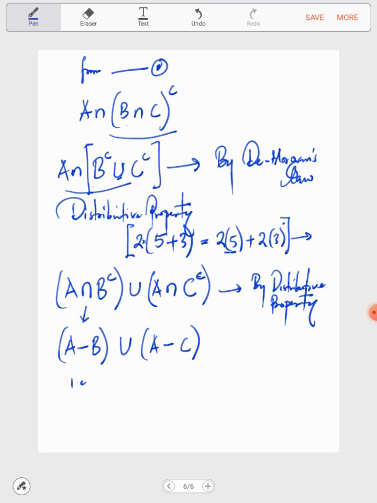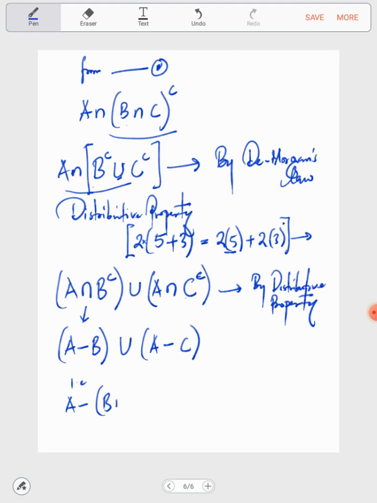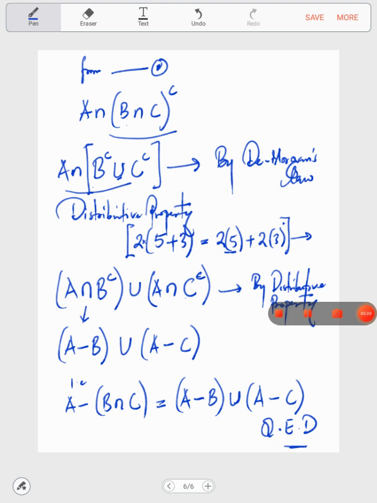So it implies that we have A minus B intersection C, nothing but A minus B, set difference, union A minus C, set difference. So QED, just as required.